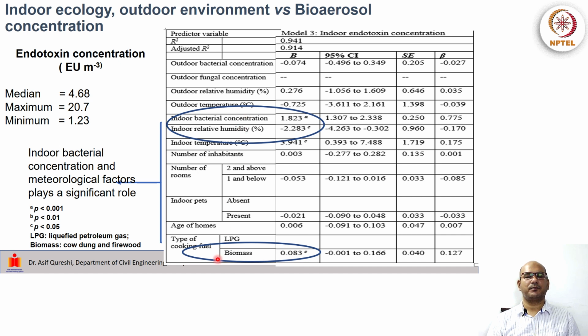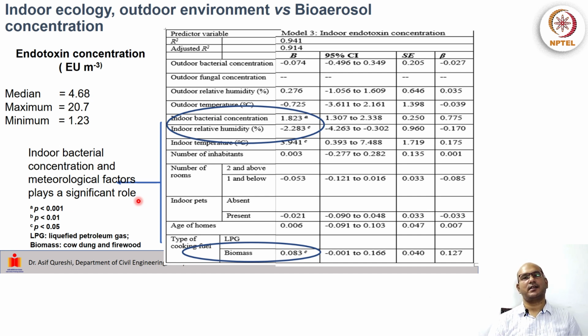Then the association with biomass indicates that more particulate matter has been released and there is more chance of endotoxin being attached to this particulate matter. So indoor bacterial concentration and these meteorological factors played a significant role in determining the concentrations of endotoxin.